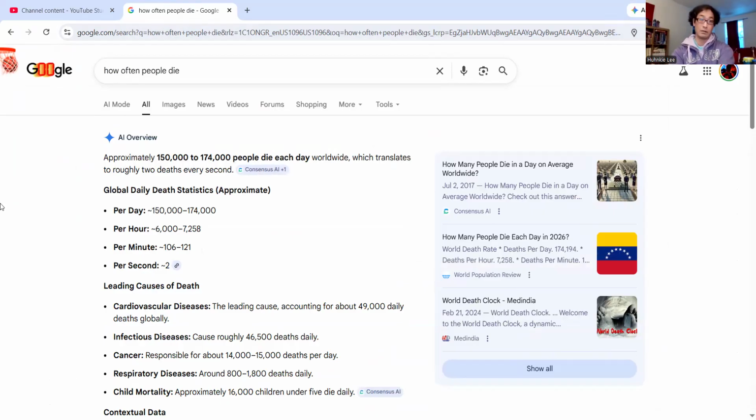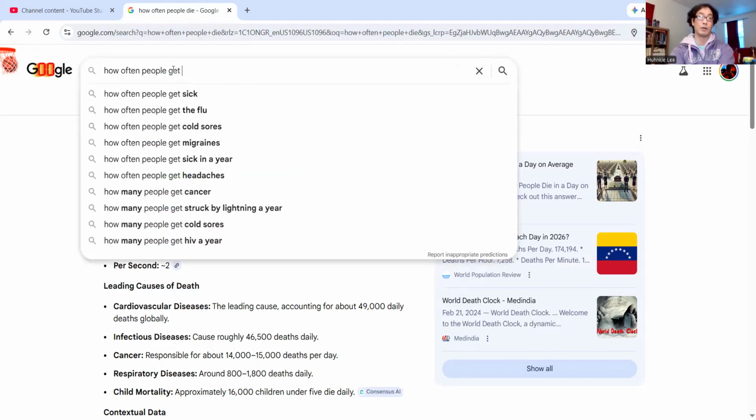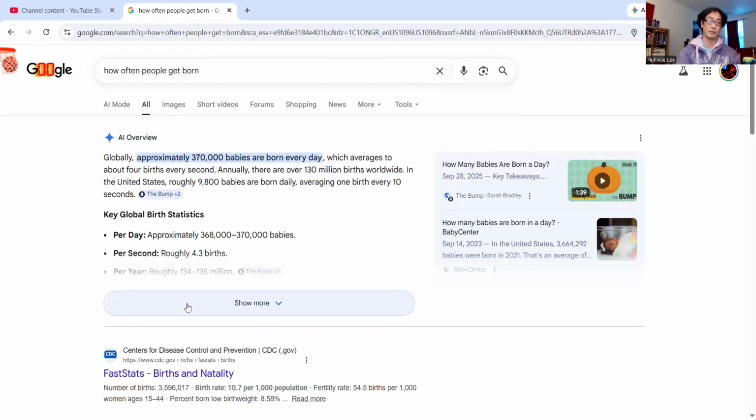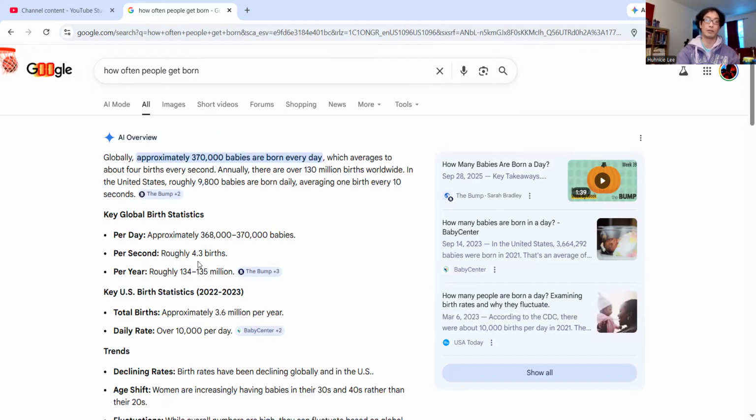How often do people get born? About four people are born every second. So the population is increasing: four minus two, net two more people on planet Earth every second.